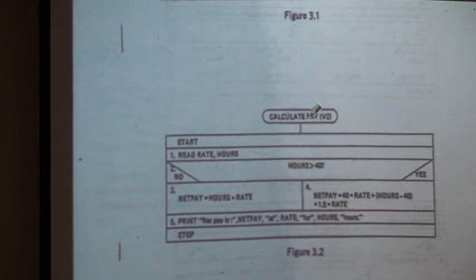This is version 2 of the same thing. Read rate, comma, hours. If hours exceeds 40, calculate the net pay using 1.5 times the rate for the extra hours. This is in the book, by the way. The solution is in flowchart form and pseudocode, I believe, in chapter 6. Whenever we discussed if statements, okay?